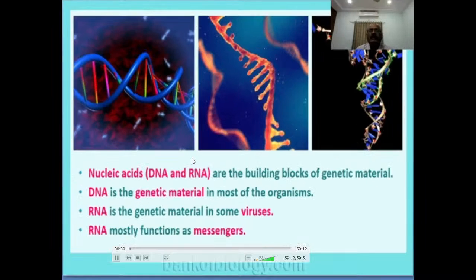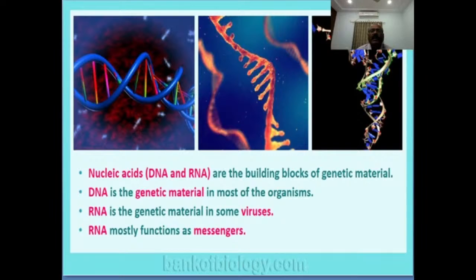So in this lesson, nucleic acids, that means DNA and RNA, their structure and functions, I will explain. In living organisms, DNA and RNA, these two together are called nucleic acids.